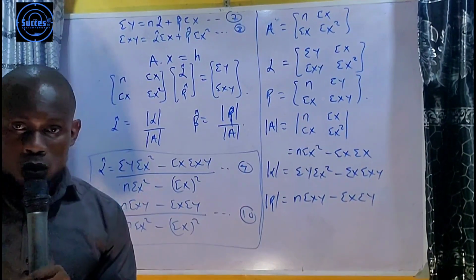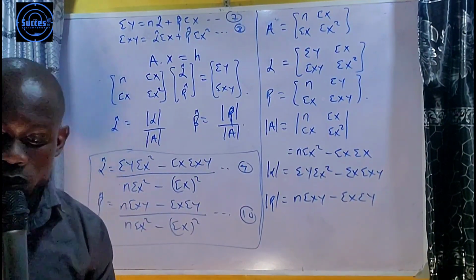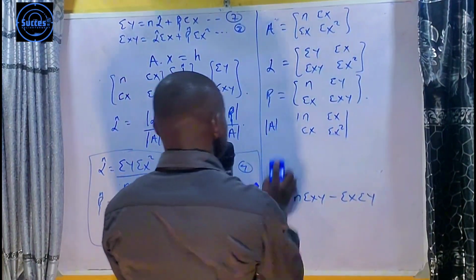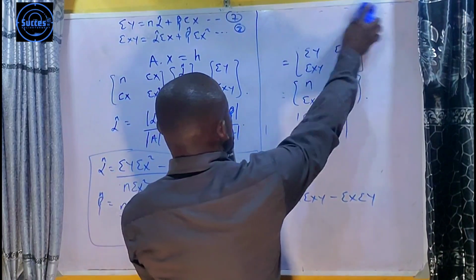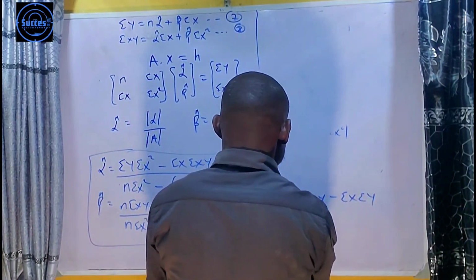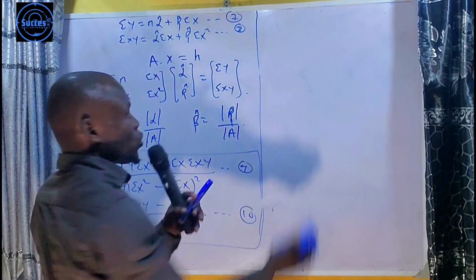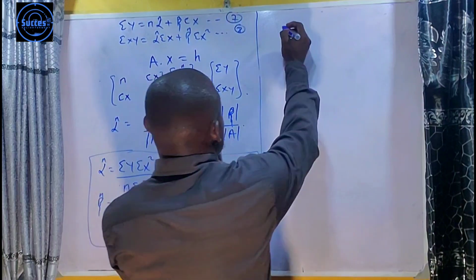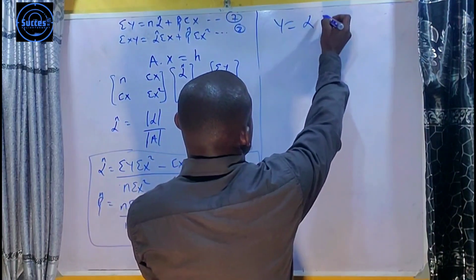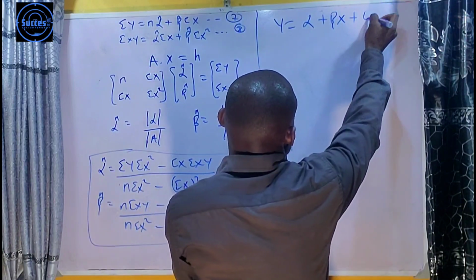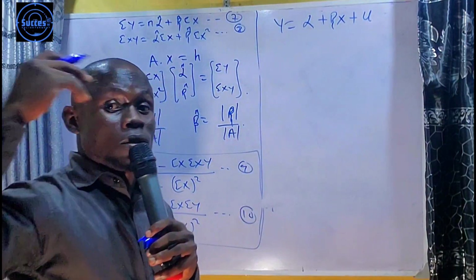Alright, suppose you refer back to the previous basic econometrics model that we use. We said we are given a model such that y equals alpha plus beta x plus u, which is our error term.